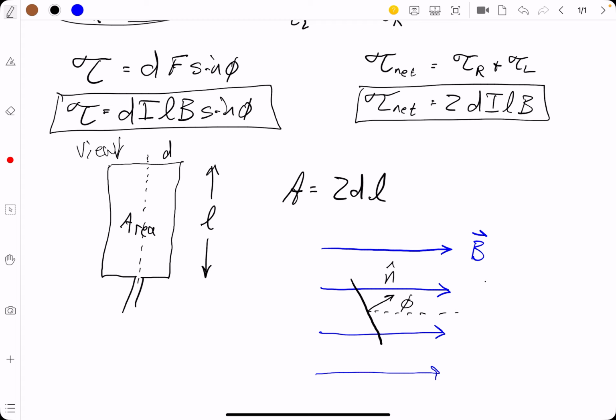Okay? So that's nice, right? So now we can then say, okay, well, really our torque is dLIB sine phi, but our area is equal to 2dl.